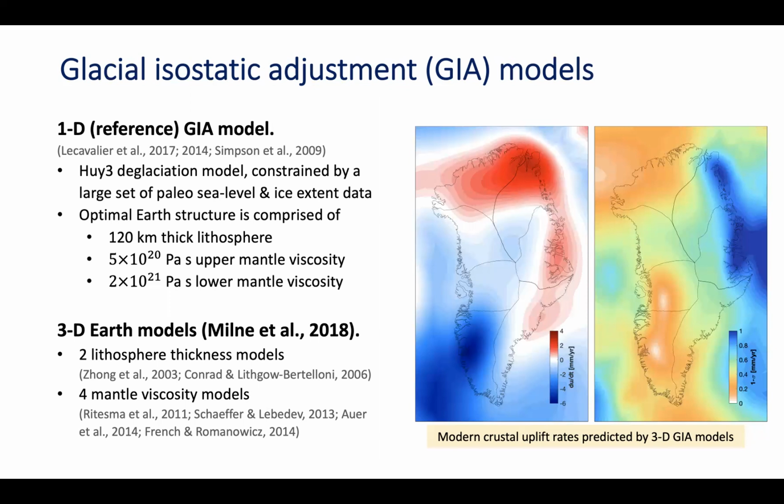So Greenland is really cratonic in the sense that there is not much intraplate activity, or there is no evidence for the presence of a weak asthenosphere or so forth. And recently in their 2018 paper, Glenn and colleagues also tried to experiment with the impact of three-dimensional Earth structure on the modeled GIA signals, for which they relied upon 2 lithosphere thickness models and 4 mantle viscosity models.